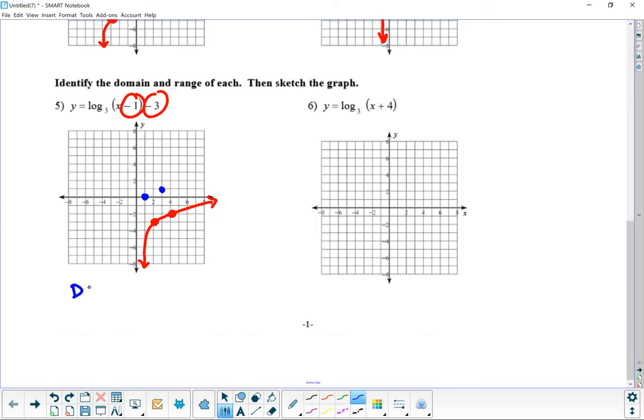is going to be, and if you think about this, right, domain, you can go as far as this line only, right? And then you're going to be able to go out to the right as far as you can see.